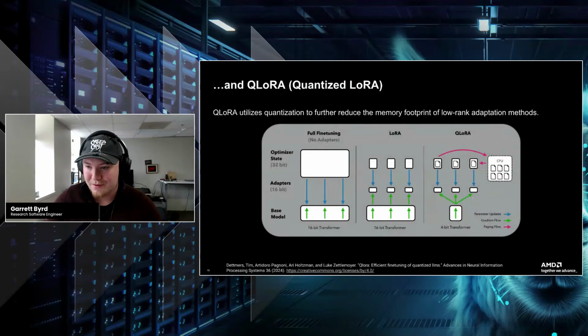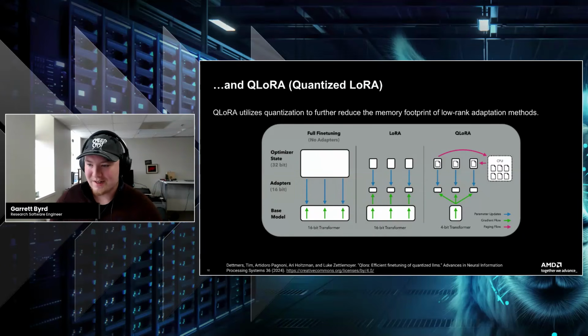And then from LoRA, we have QLoRA, which is an implementation of LoRA which is quantized. This graphic is taken from the foundational paper on QLoRA, Tim Dettmers' QLoRA: Efficient Finetuning of Quantized LLMs. Essentially what this graphic is getting across is, on the left, we have our full fine-tuning setup, where we're using 16-bit precision, which can be quite costly.